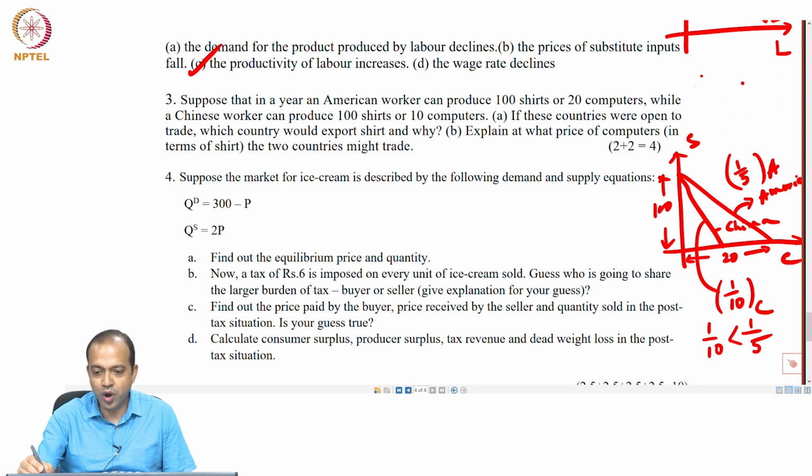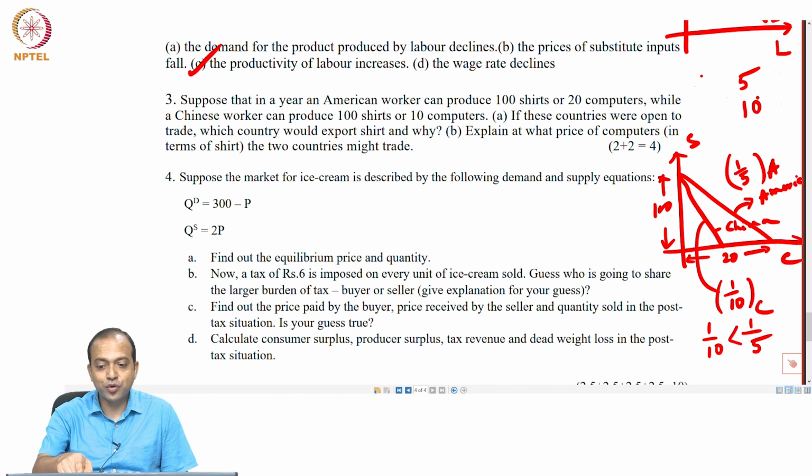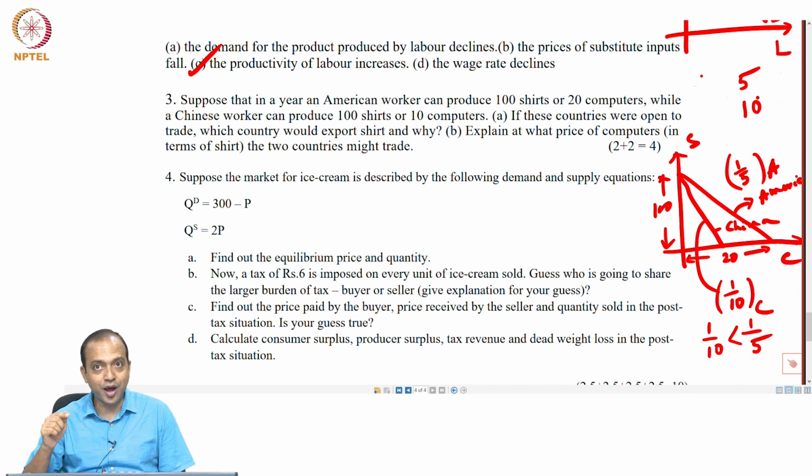That means opportunity cost of one computer in terms of cert is 5, while opportunity cost of computer in terms of cert is 10 in China. So, opportunity cost of computer in terms of cert is lower in America compared to China. Therefore, America will export computer.